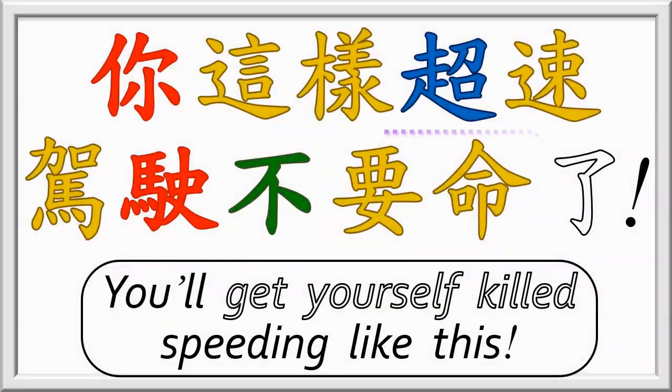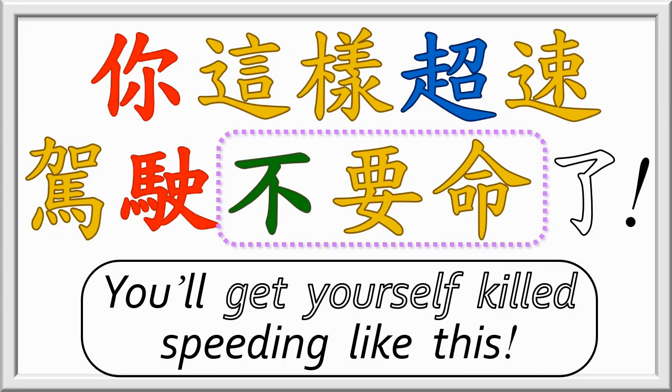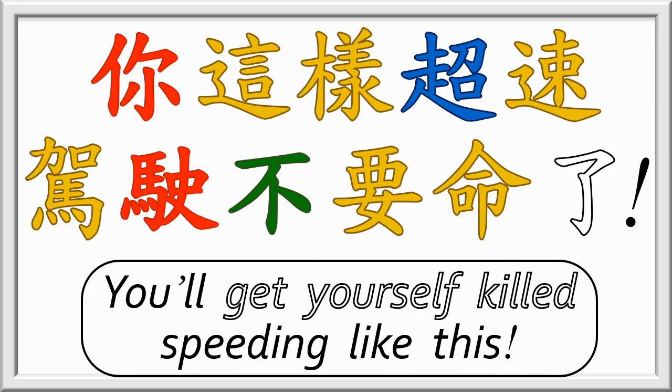Similar to 玩命 is the expression 不要命, meaning literally, you don't want your life. You're willing to place your life on the line for whatever fun activity you're engaged in. 你这样超速驾驶，不要命了。You'll get yourself killed speeding like that.